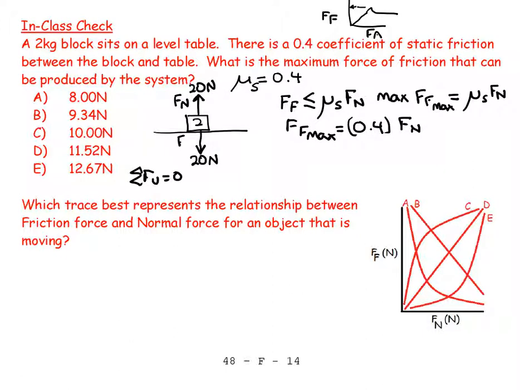I'd call this Fg, the force due to gravity. There's the force that I'm interested in, and so I would say FF max is equal to 0.4 times 20, and that would be 2 4s are 8 newtons.